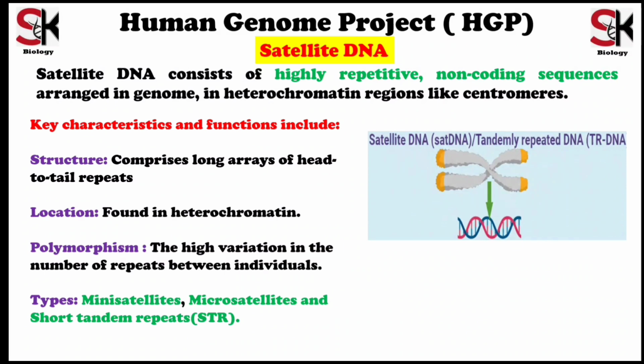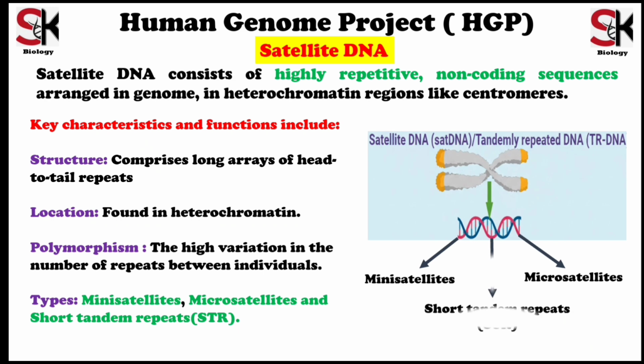They are located in heterochromatin region. Most important feature they have is polymorphism, that is high variation in number of repeats between individuals. This feature is useful in research and forensic science for identification. Satellite DNA is of three types: minisatellite, microsatellite and short tandem repeats.